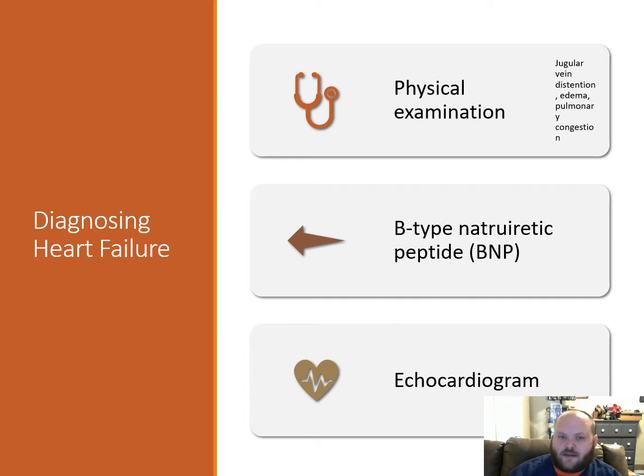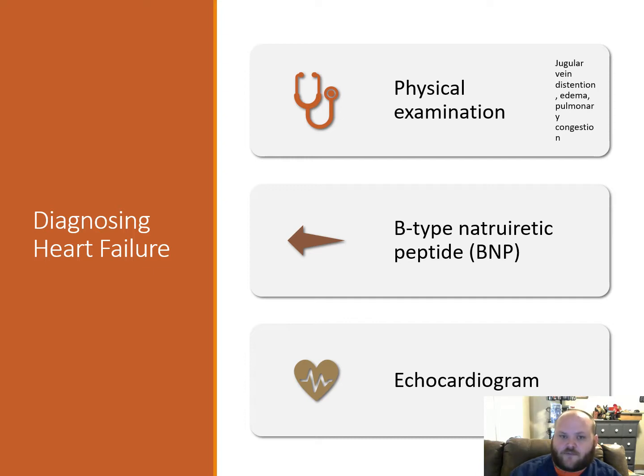Brain natriuretic peptide, or BNP, is a laboratory test used to test the serum concentration of B-type natriuretic peptides, which are released by the ventricles in response to increased ventricular pressure or fluid overload.